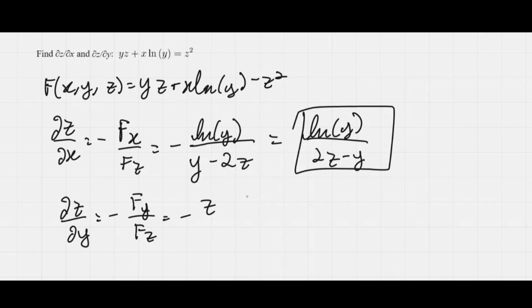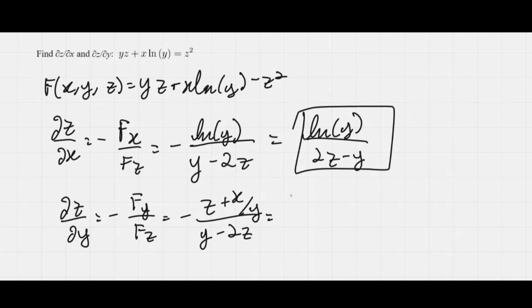The partial with respect to y is going to be x over y, because the derivative of ln y is 1 over y. And that negative z squared is constant, so we take that out. Okay, and so now we want to find the partial of f with respect to z. That's going to be y plus x ln y, which is constant, so that's going to be 0. And we have, again, negative 2z.